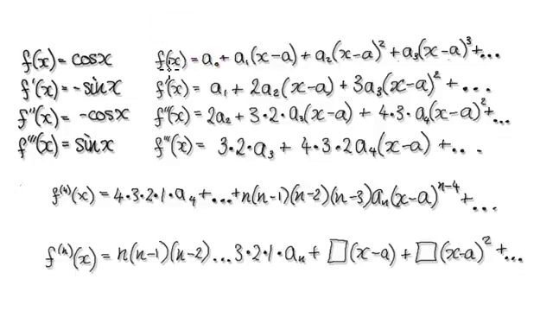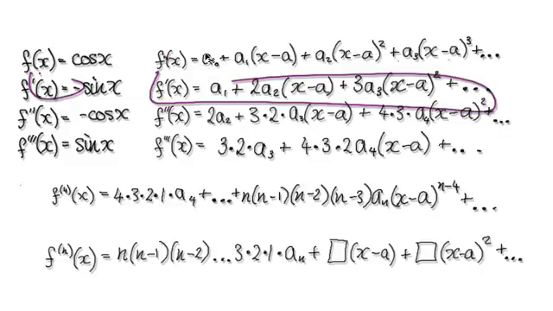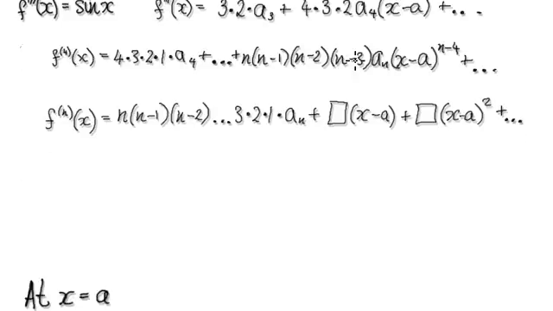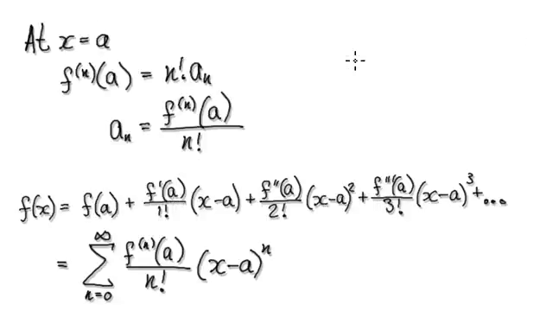So the point here is that if you keep on making these demands, you can eventually figure out all those coefficients. If you want to figure out the coefficient an, it would be you differentiating it n times, evaluated at a, divided by n factorial.